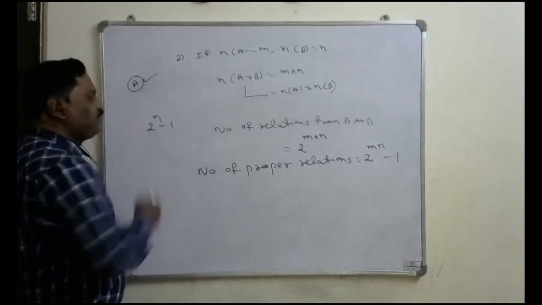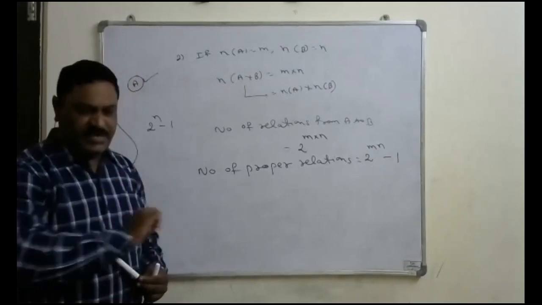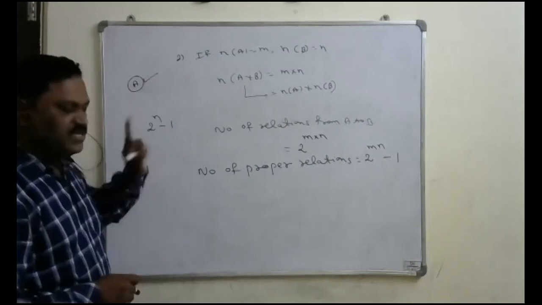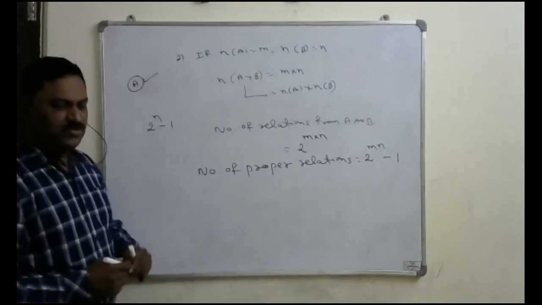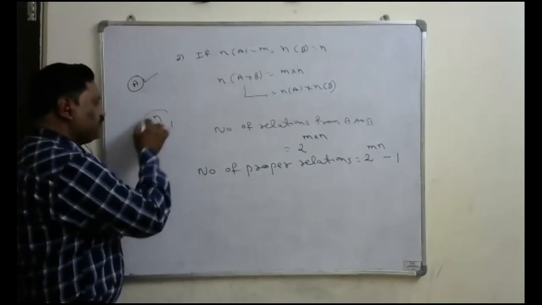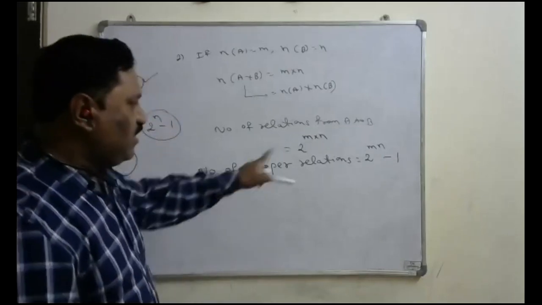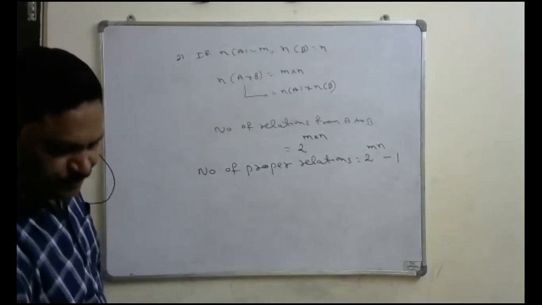Except that set, all the remaining subsets we call proper subsets. Therefore, the number of proper subsets is 2 power n minus 1, while the total number of subsets is 2 power n. Whenever proper is there, you have to subtract that 1. So take that formula.